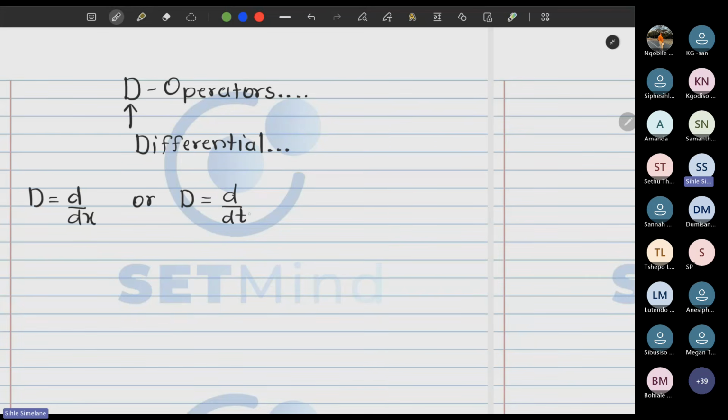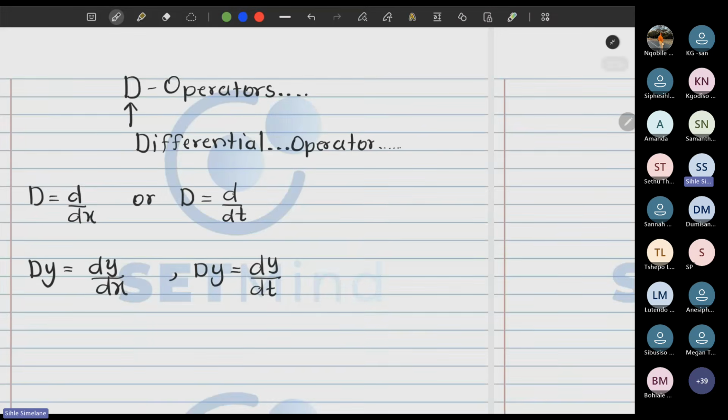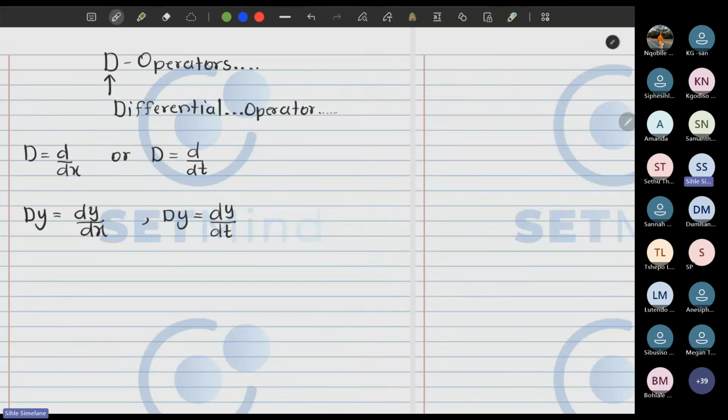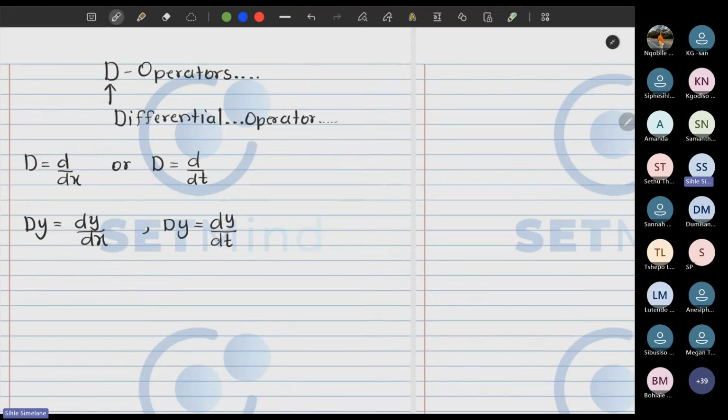Nothing deep. Whenever you see Dy, all this is is dy/dx, or, if the independent variable is t, dy/dt. It's just a differential operator. You already know how this works, because all it is is d/dx or d/dt, depending on what the independent variable is.